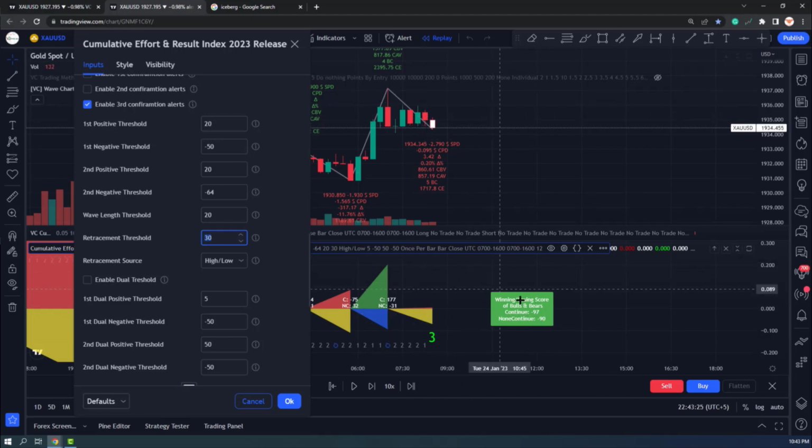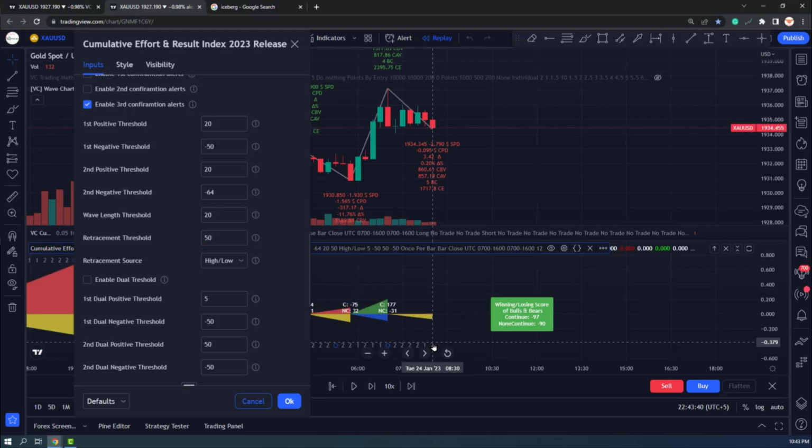First and second confirmation threshold. Like here, if I put 50% here, you will see it will vanish. You will see these three will vanish, because it's not yet retraced to 50%.